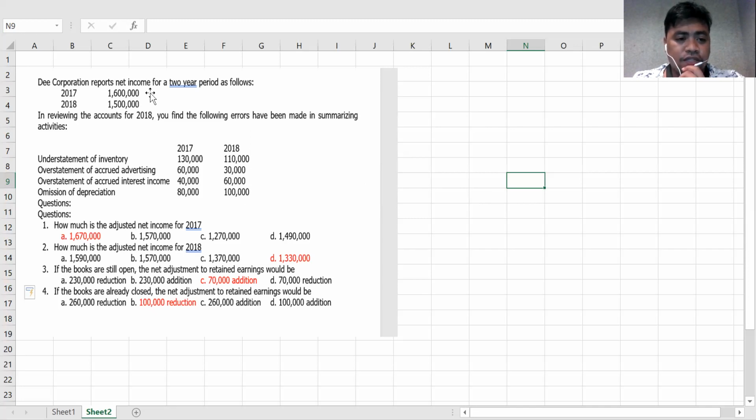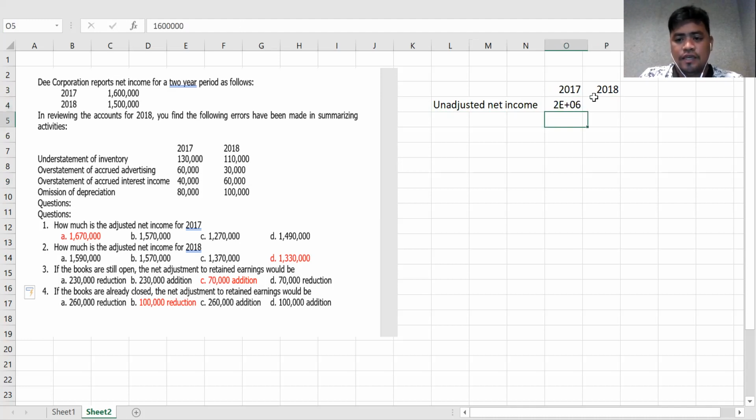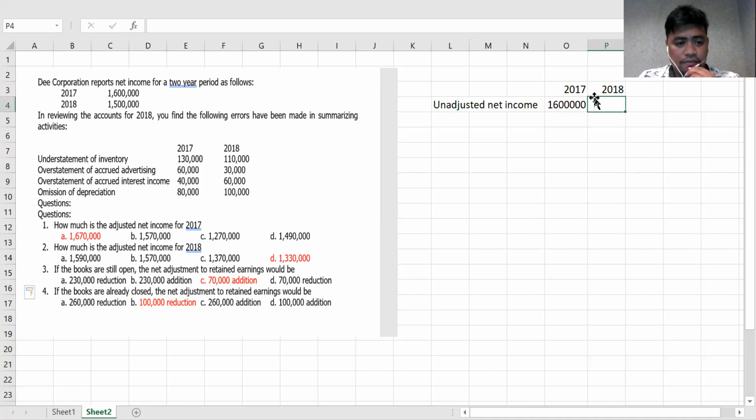D Corporation reports net income for a 2-year period as follows. For 2017, the unadjusted net income is 1,600,000. And for 2018, the unadjusted net income is 1,500,000.